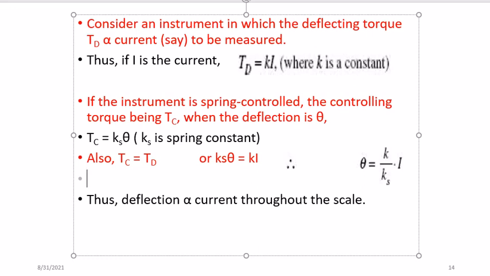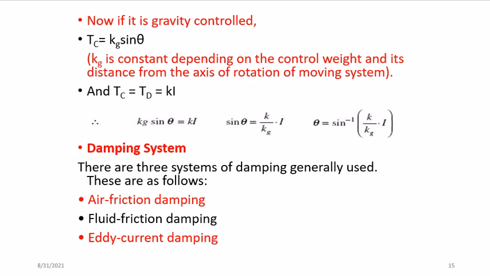Now if we are using gravity control, on the other hand, we have seen previously that our TC, the controlling torque, is equal to Kg sine theta, where Kg is the constant depending on the weight we attach to the moving parts. And of course this weight has another effect with respect to the distance from the point of rotation, that is the point at which the pointer is rotating.